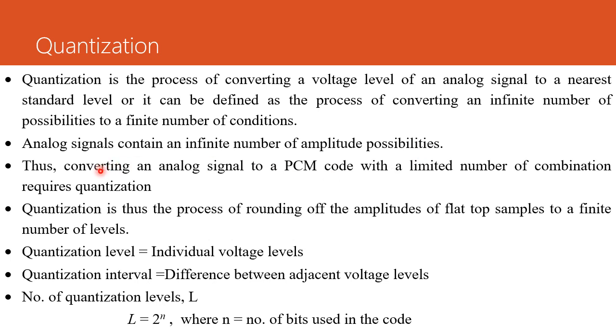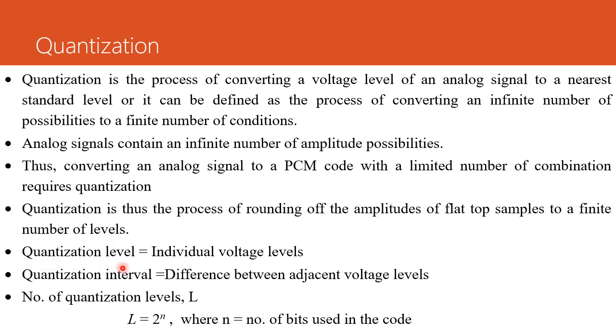Thus converting an analog signal to a PCM code with a limited number of combinations requires quantization. Or we can define quantization as the process of rounding the amplitude of flat top samples to a finite number of levels.